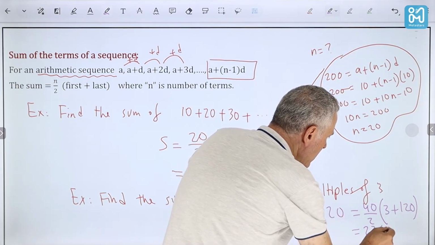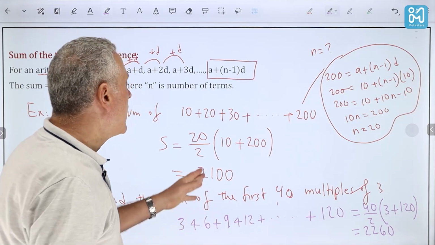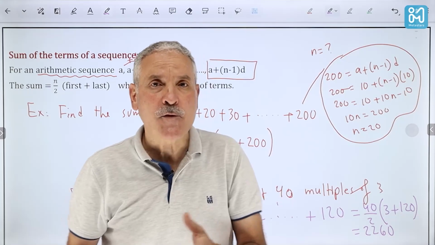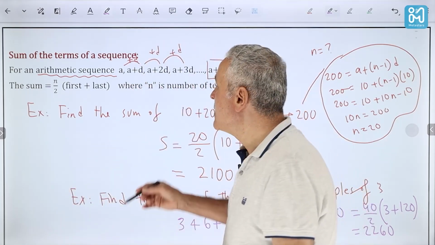Yes, this will be it. That will be the answer. That's the sum of these values. So that's in case you had to add up. And if you forget this formula, just add up the terms manually. All right?